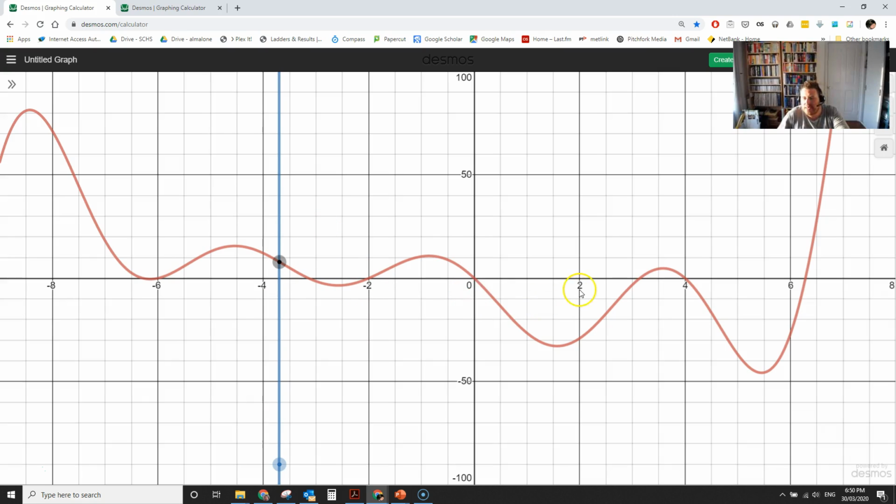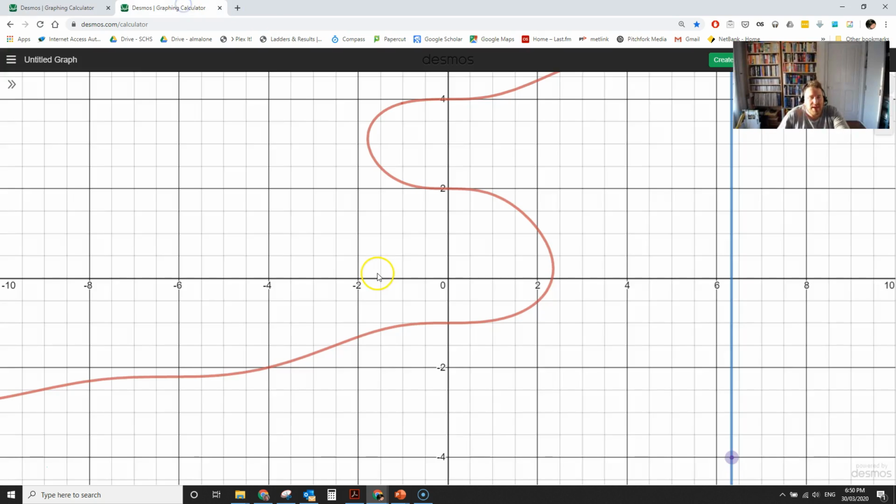An example of something that's not a function. Here we go. We can take that vertical line, and if we run it back and forth across here, it looks like a function, looks like a function, looks like a function. It doesn't give us a unique answer because the same x value is producing multiple y values. So why is that important?